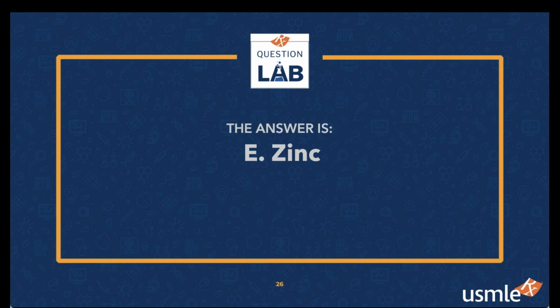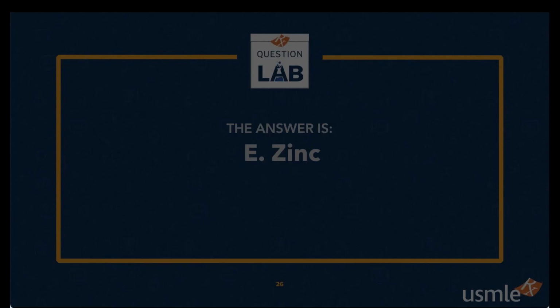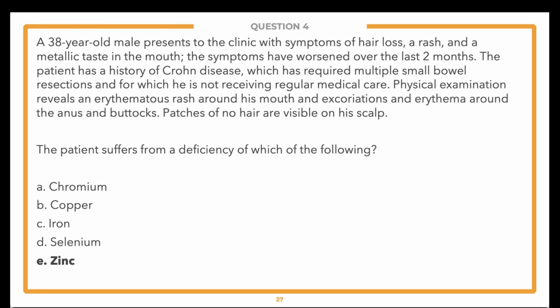So great job, everybody. Something was kind of jumping out at you, right? So let's take a look at this one. This is a one step. Really, you just need to be able to diagnose the disease, right? So the patient is likely suffering from zinc deficiency.